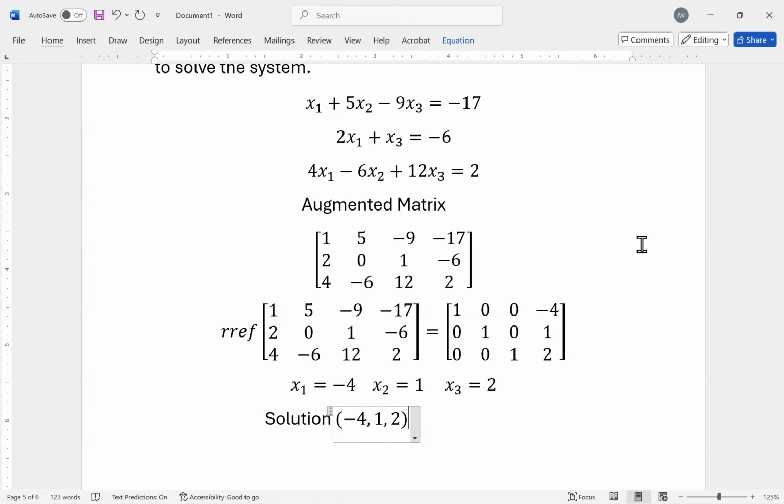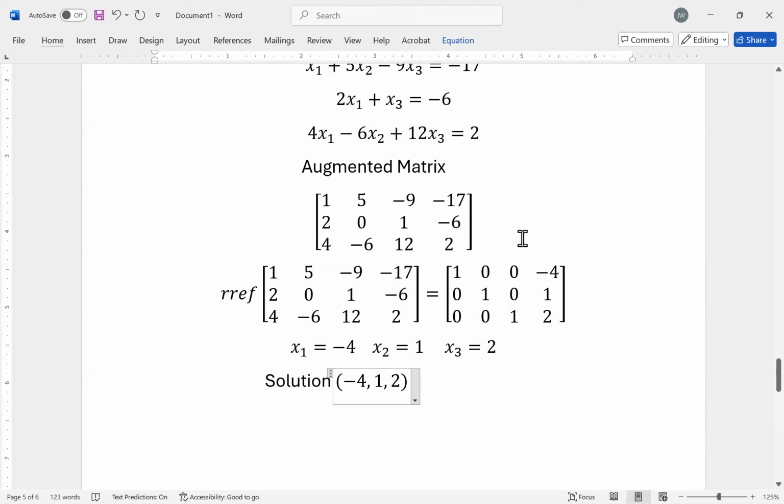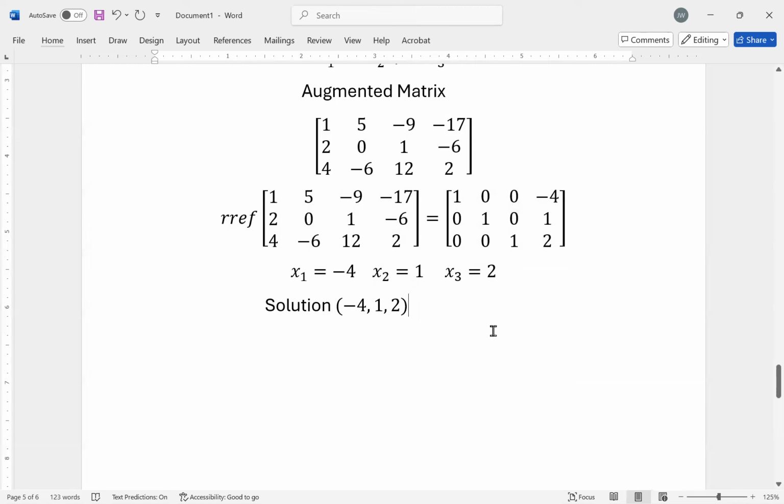Again, this saves a lot of time because if we are able to program this into our calculator or do this on some other computer program that helps us with math, then this is a lot faster than trying to do the elimination method or substitution or Gaussian elimination by hand. So this can be a very effective and efficient method.